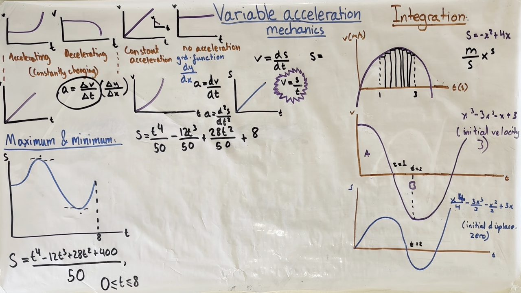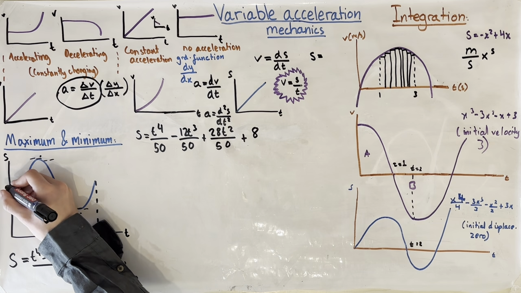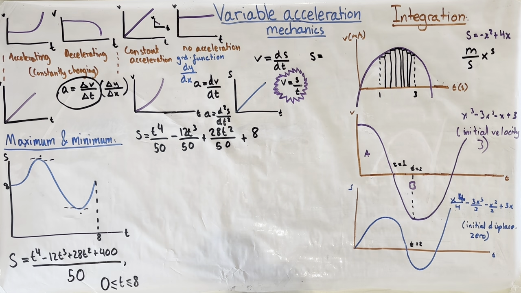And we notice that our constant 8 here is what displacement starts off at. So in this question we have a drone, and we're asked to find the maximum and minimum displacement.